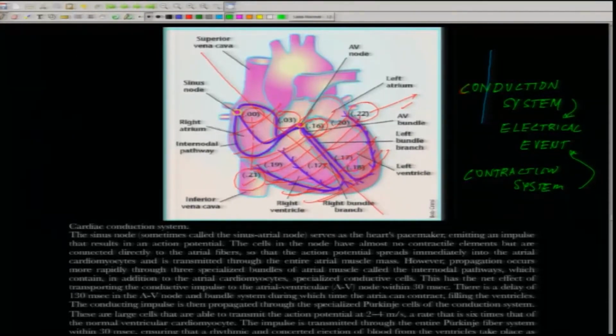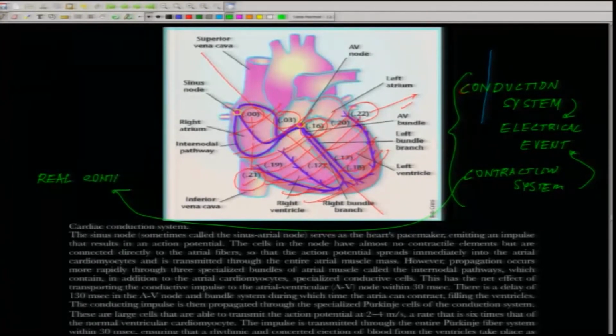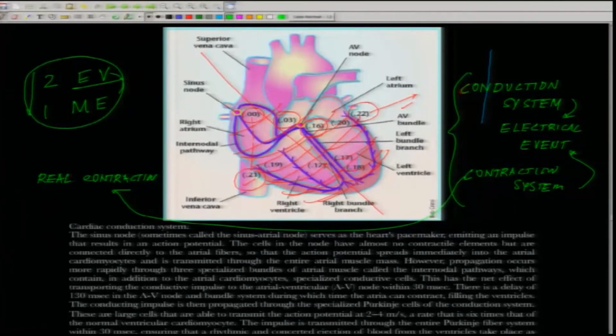These are the two electrical events, followed by the real contraction by the cardiac myocyte. So you can say two electrical events (EV) and one mechanical event (ME). This is what dictates the whole process.